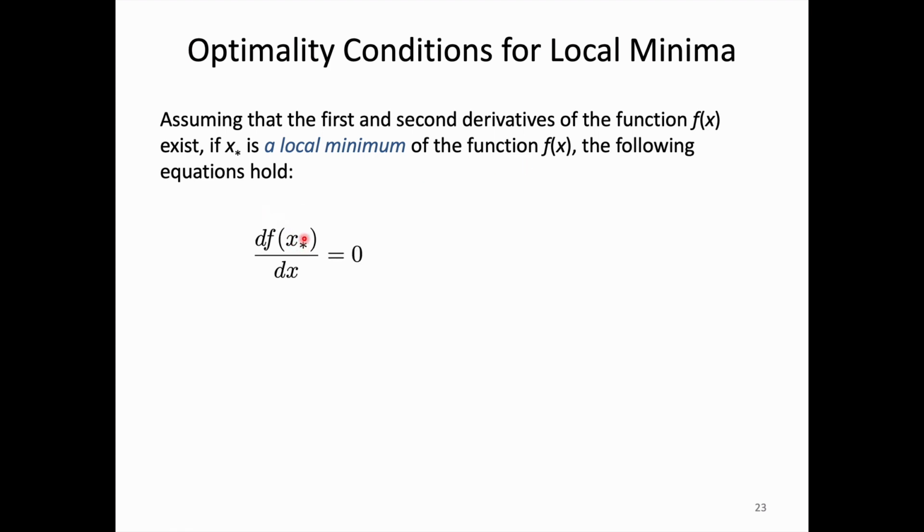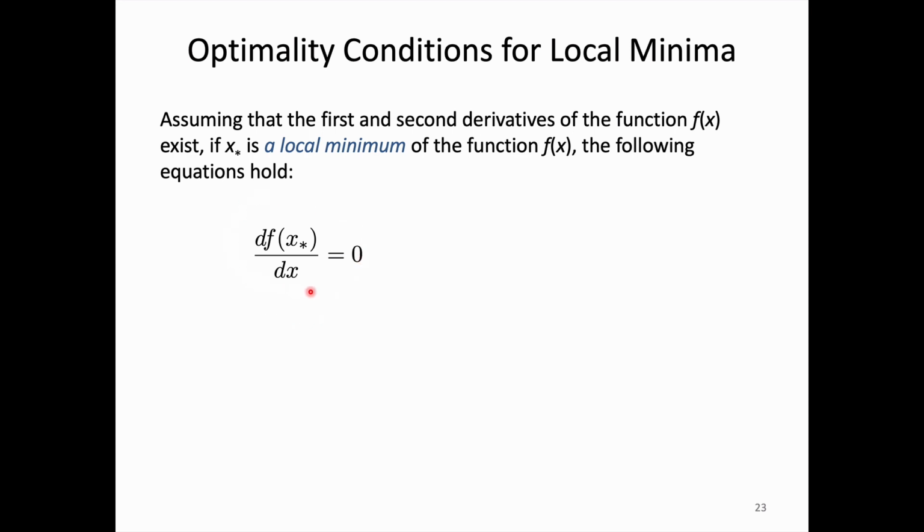For x star to be a minimum, this must be true. The derivative of the function with respect to x must be equal to 0. This is a necessary condition. But then it is possible to have a point where the derivative is equal to 0 and have a point that's not a local minimum.